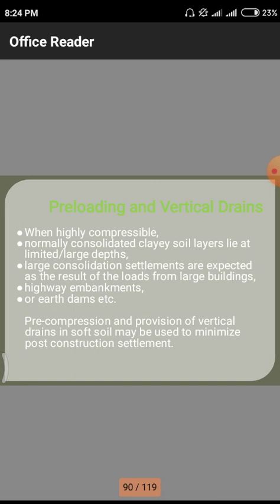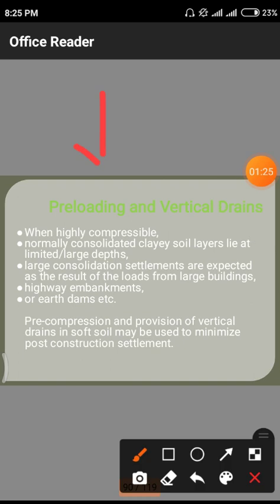These methods are highly useful for dewatering techniques. First of all, this preloading technique is highly compressible in nature. That means very compressive loads are applied on a particular soil itself, so the total amount of voids or any other water, or the total soil structure, becomes compressed whenever we apply this kind of compressive load.